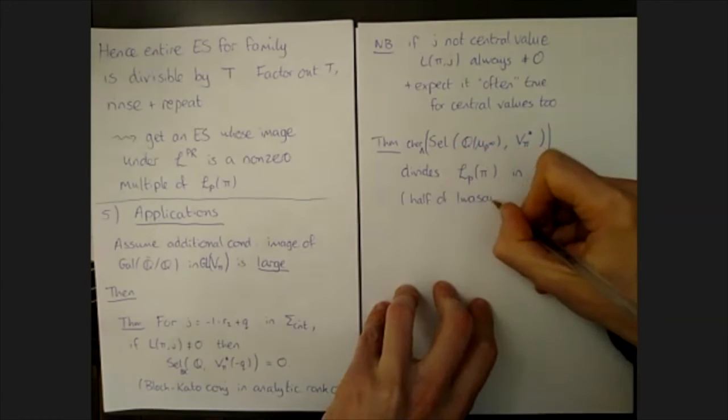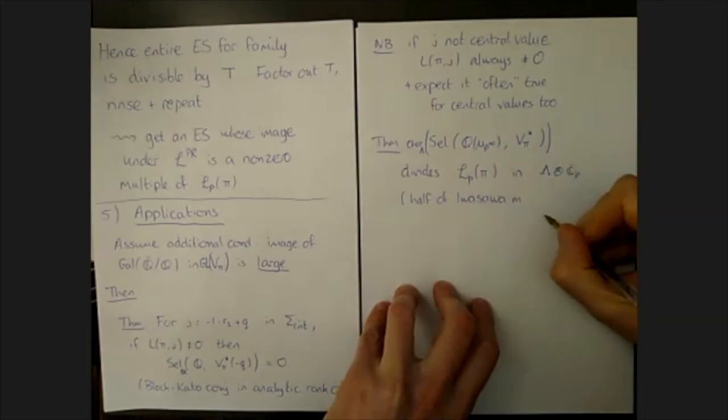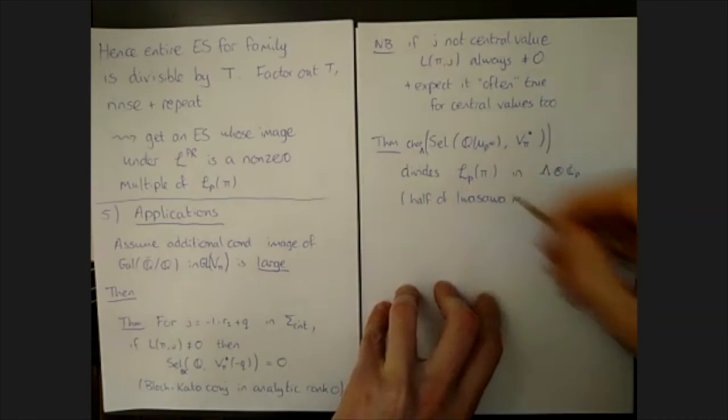Well, the Selmer group is torsion. Yeah, well, this is non-zero, so this implies this is torsion.